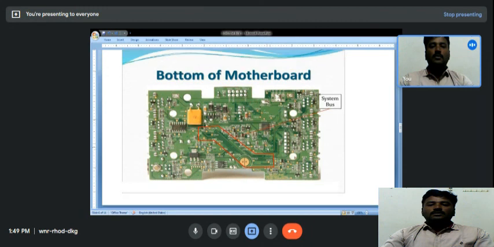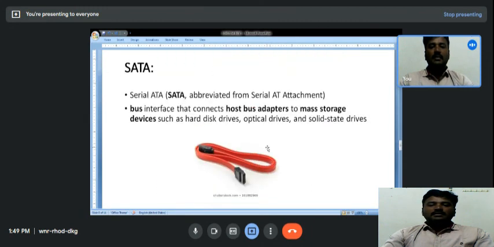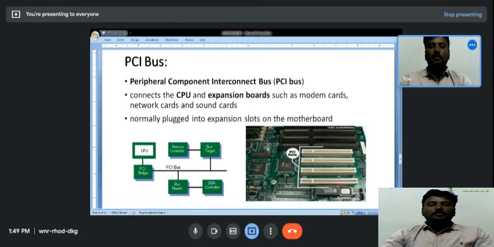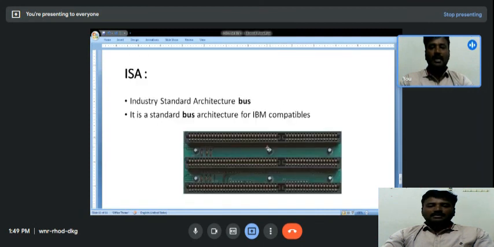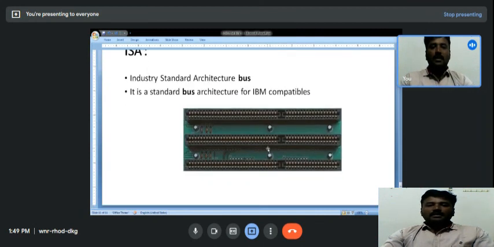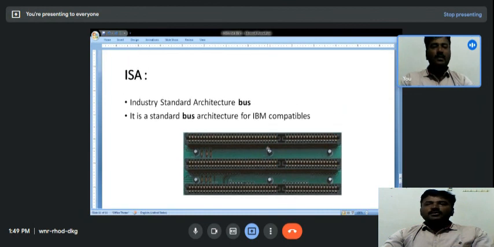We have seen these: SATA, PCI bus, AGP, and ISA. These are all the basic things you need to understand when dealing with bus architecture.